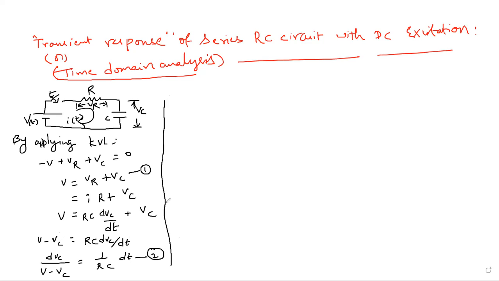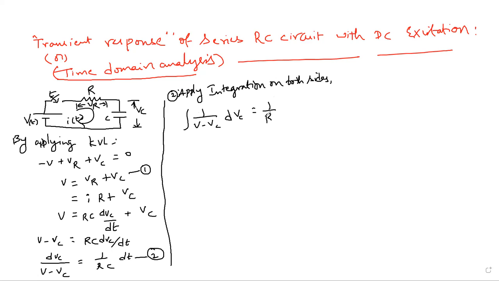Equation 2. Now apply integration on both sides of equation 2. So what will it be? Integral of 1 by V minus Vc, dVc, equals 1 by RC, which is a constant, integral dt. Now what is the integration?